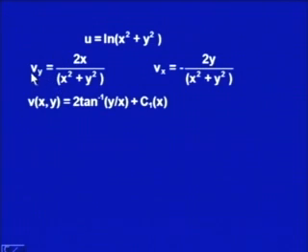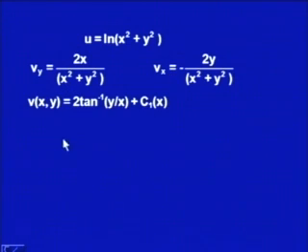To get v from this expression, I have to integrate it with respect to y, keeping x fixed. When I integrate this, I get V(x,y) equal to 2 times tan inverse (y by x) plus a constant of integration. Normally we have a constant of integration C1, but instead of a constant I am writing C1 as a function of x, because in this integration I am treating x as a constant.